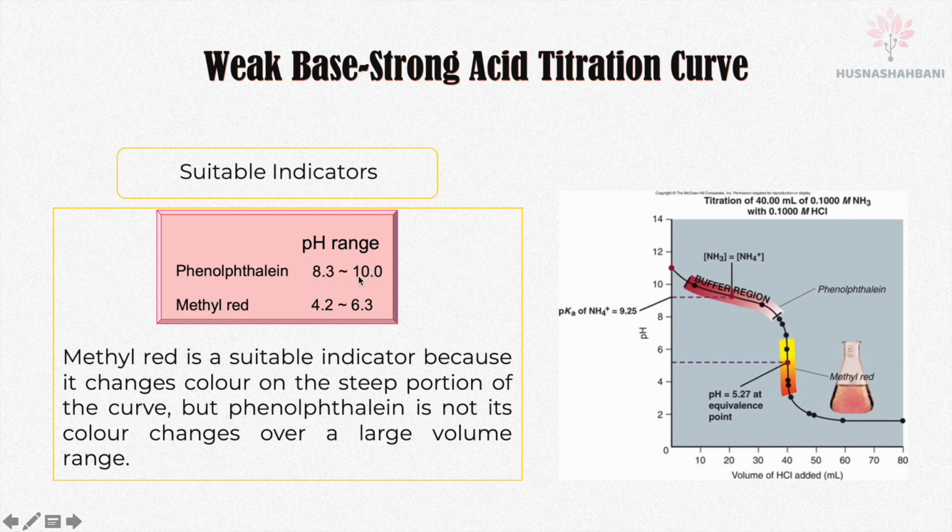We don't use phenolphthalein for a weak base strong acid titration curve because the pH at the equivalence point is less than 7. From pH 8.3 to 10, there's no color change here because it is all buffer region. It won't show any change for phenolphthalein, only for methyl red.